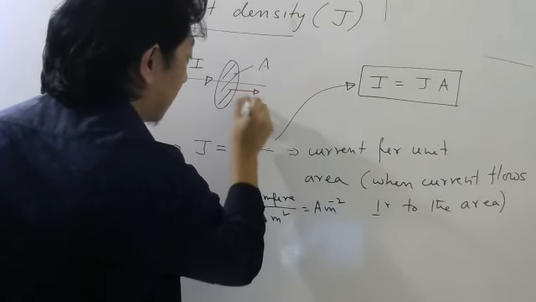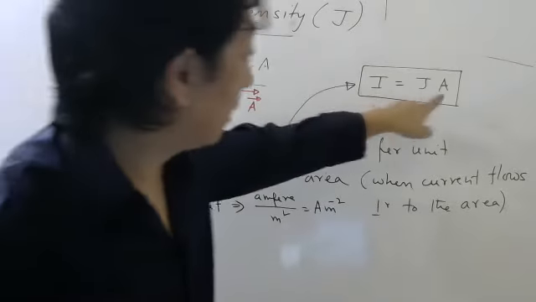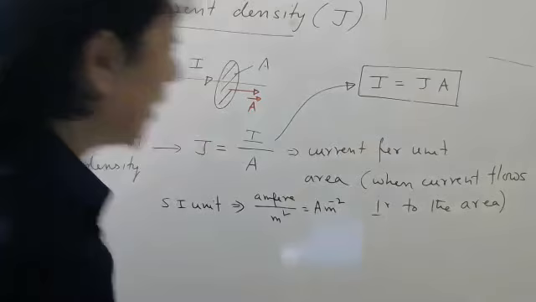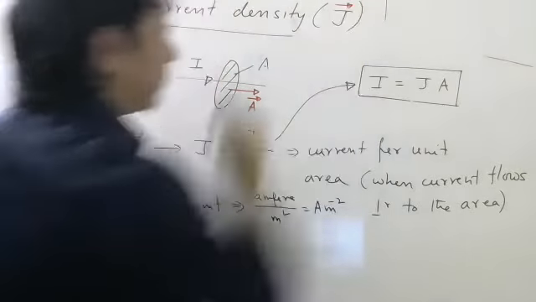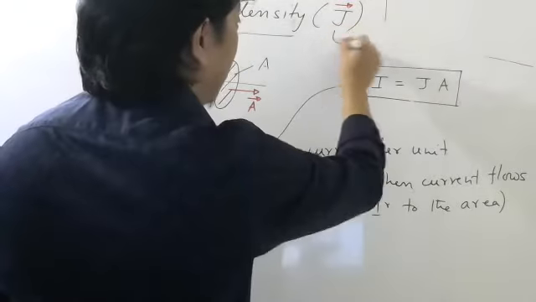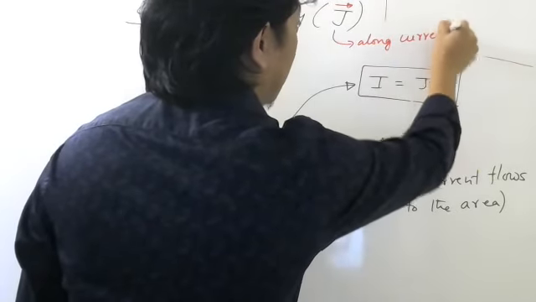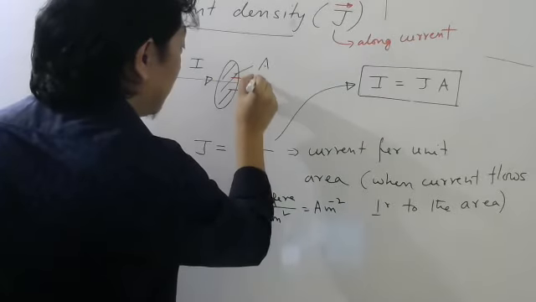This is the area vector. Since I know current is scalar, but area is vector, and you can see a product here, I can make this quantity a vector whose direction will be taken along current. That is again convention. So if current is flowing this side, I will take current density this side.